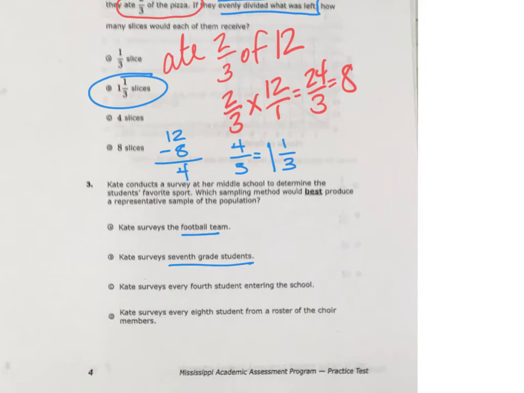C says Kate surveys every 4th student entering the school. That gives everybody a chance to be selected, and it is the fairest. So that is the correct answer. D starts off pretty good. It says Kate surveys every 8th student, which is fair. But then it says only from the choir members, so we don't want to just ask the choir students. So C is our correct answer.